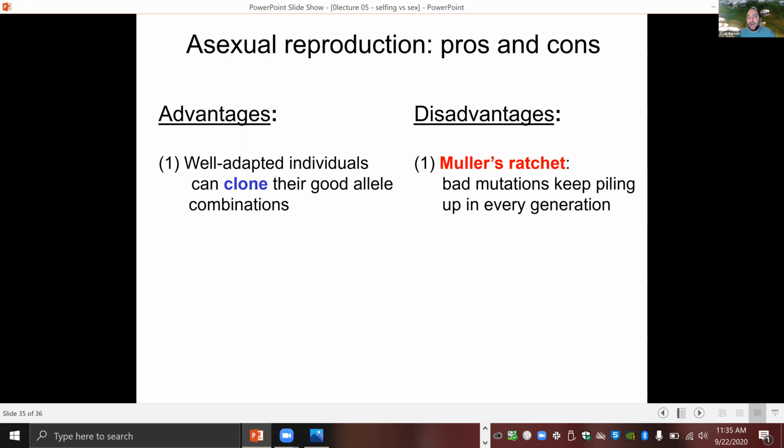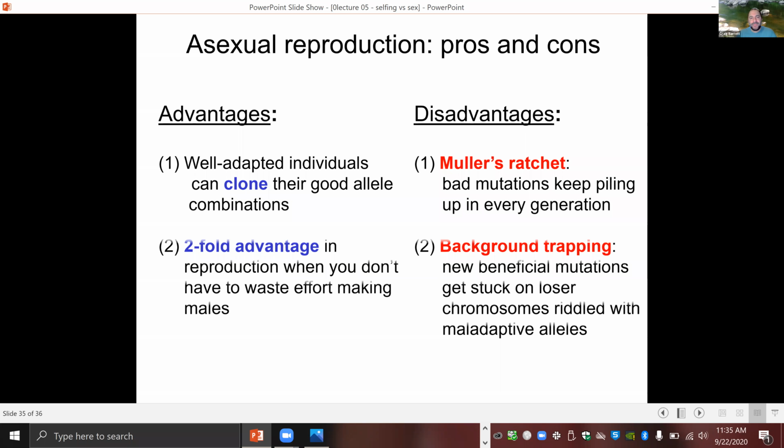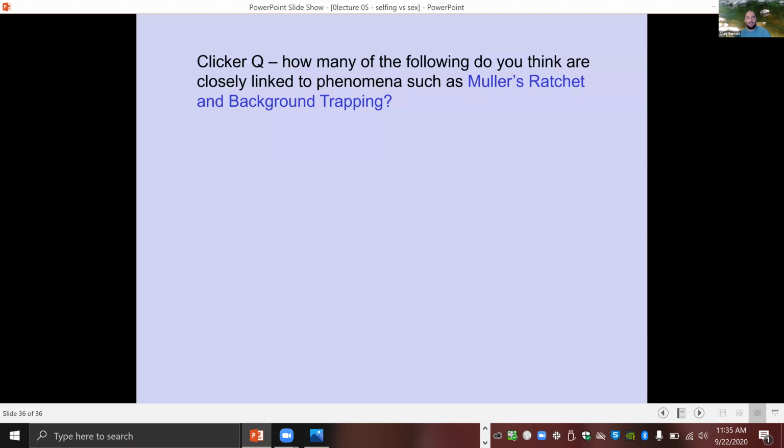Bad mutations keep piling on every generation, and you have no way to get rid of them other than to die. Asexual reproduction has a twofold advantage in reproduction: you don't waste effort making males. But another disadvantage is background trapping. Even if you have a new beneficial mutation, it often gets trapped with harmful mutations on the same chromosome, or maladaptive alleles, as we call them.